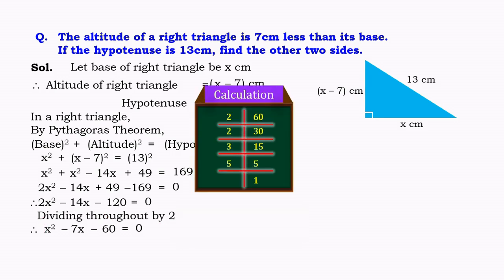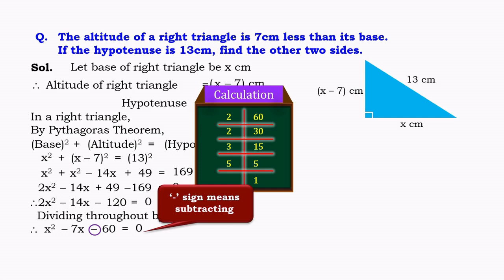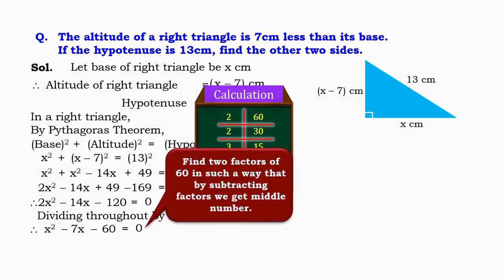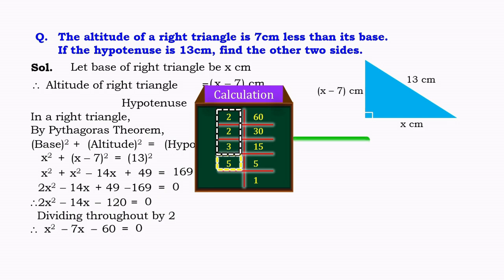To factorize the quadratic equation, let us first find the factors of 60. The prime factorization of 60 is 2 multiplied by 2 multiplied by 3 multiplied by 5. Now we need two numbers whose product is 60 and whose difference is 7. Let us find those numbers in the next step. We need two factors of 60 whose difference is equal to 7.